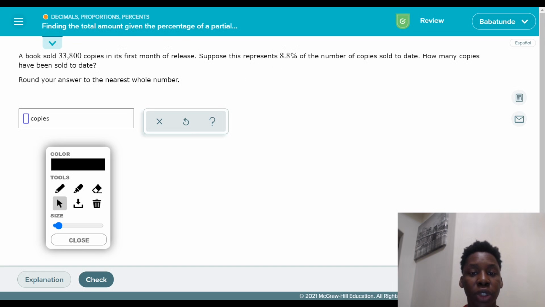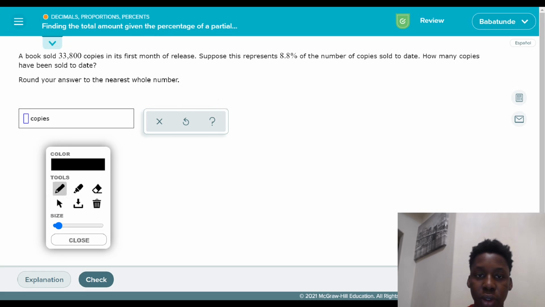So 8.8% of the total amount of copies should equal 33,800 copies, because 8.8% is the amount of copies sold in the first month. We can use this to find the total amount of books sold to date.